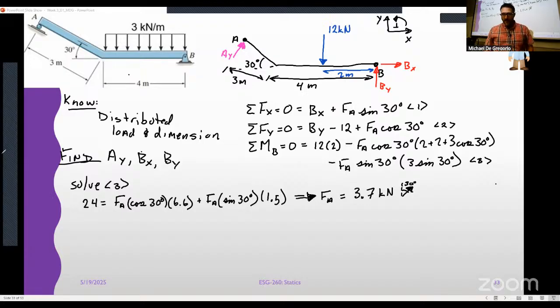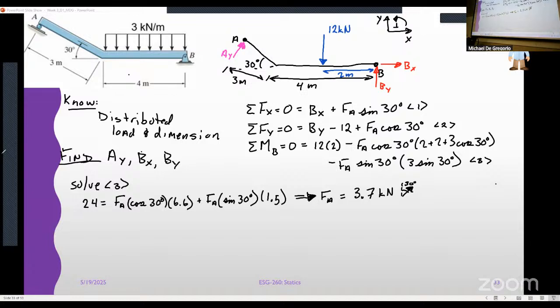FA cosine 30 is the y component times the 6.6 meters away from B. FA sine of 30 is the x component, and it's 1.5 meters away from B. Put all that together, you find that FA is 3.7 kilonewtons up and to the right.